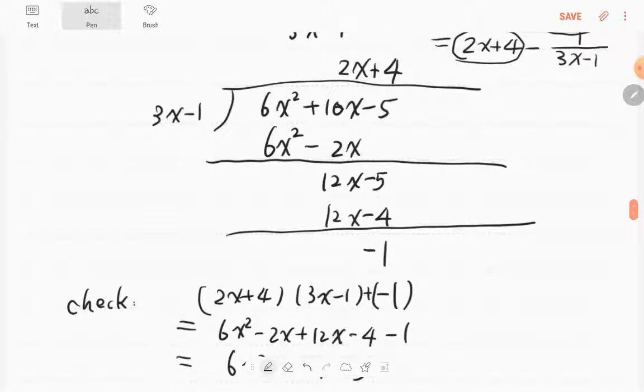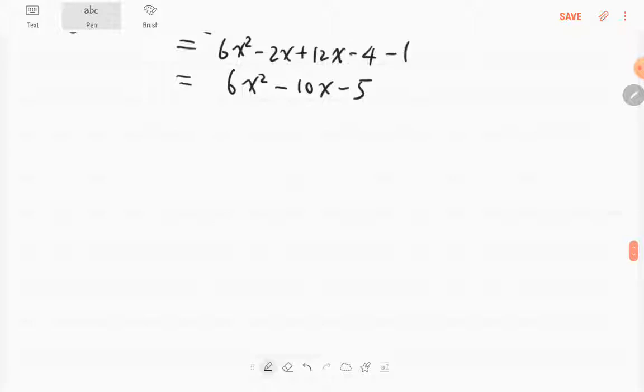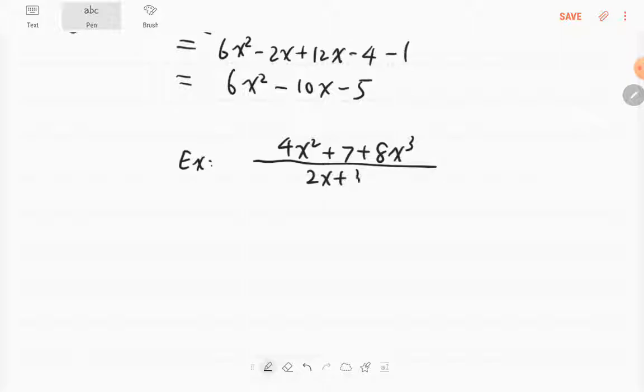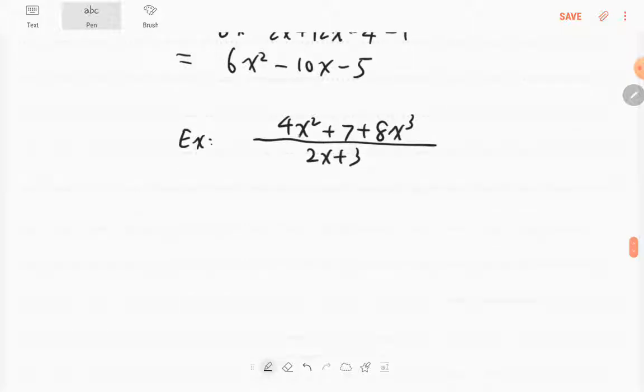Okay, so remember we talked about when we do the long division, if there's some term missing, we should insert the missing term first, then we could do the long division. So let's check one more example. When we check the dividend, we realize there is something missing.